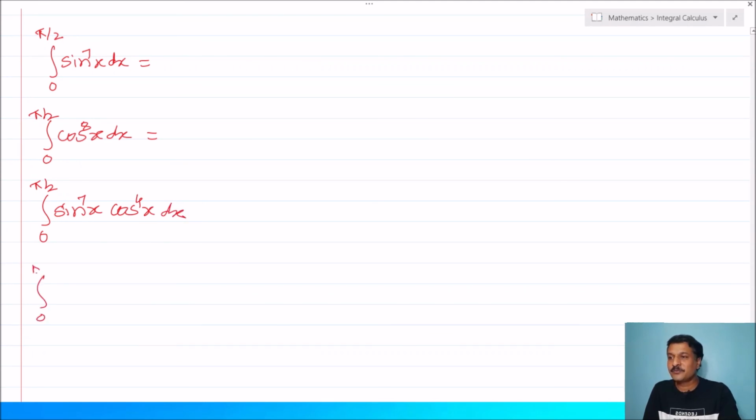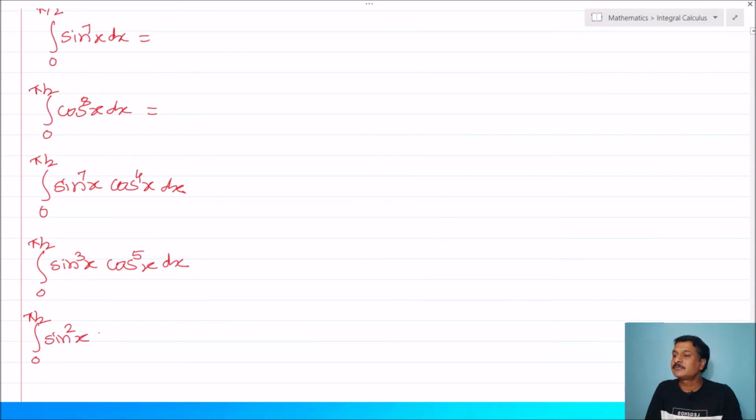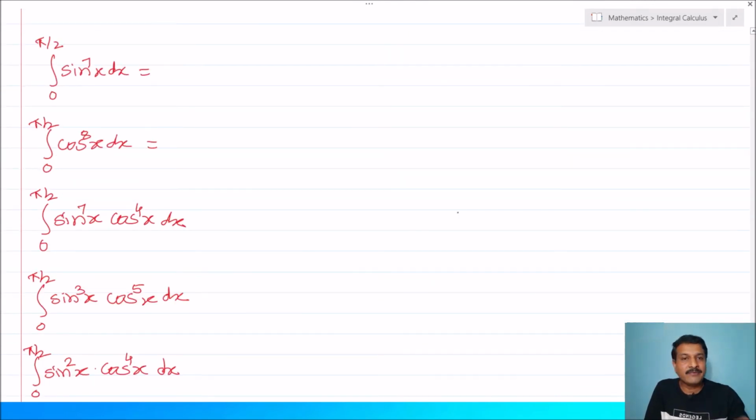Integration 0 to pi by 2 sine cube x into cos x raised to 5 dx. Also the integration from 0 to pi by 2 sine square x into cos x raised to 4 dx. When we are solving such examples, we should have the standard result or reduction formula for sine, cos and the multiplication of sine and cos. By using that I can easily find it.